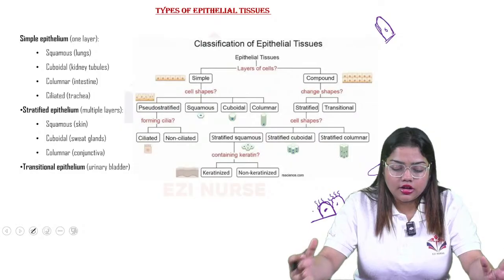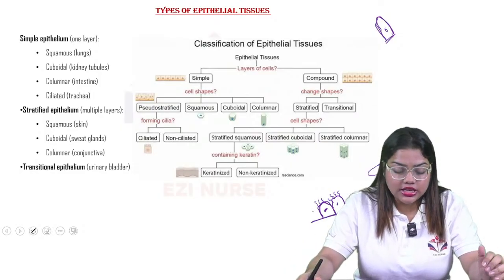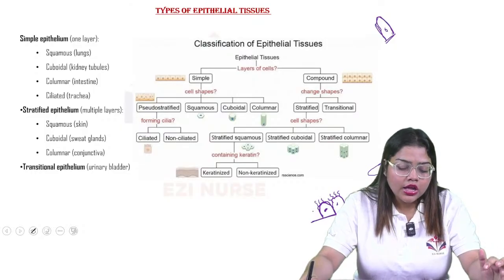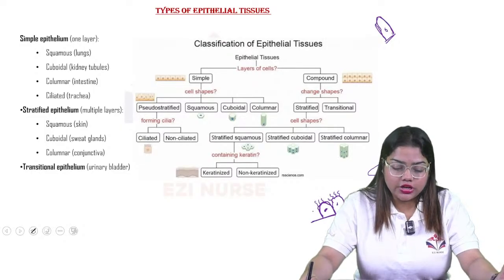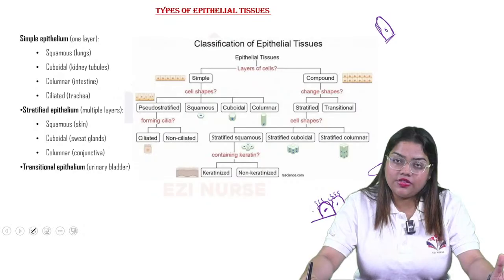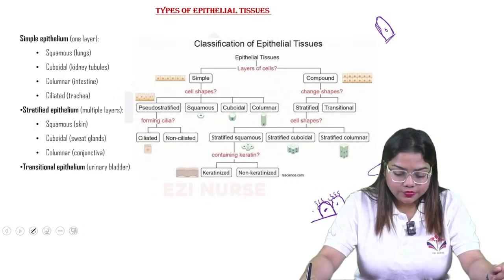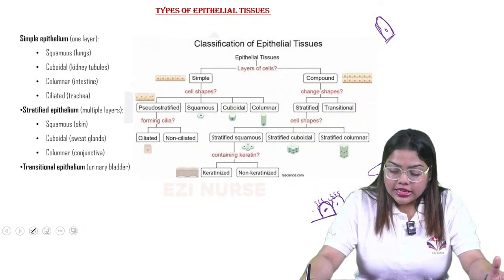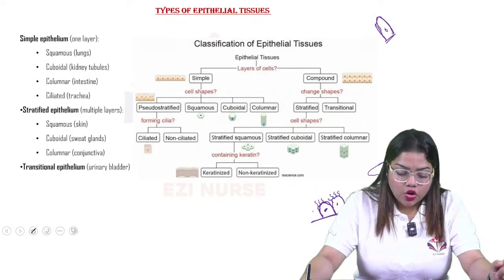Cuboidal cells you can see in the kidney, as we have already learned previously. In the kidney we can see cuboidal cells, and squamous cells we can see in the lungs. So pseudostratified cells are of 2 types, one is ciliated and one is non-ciliated. The next type we have is compound epithelium.